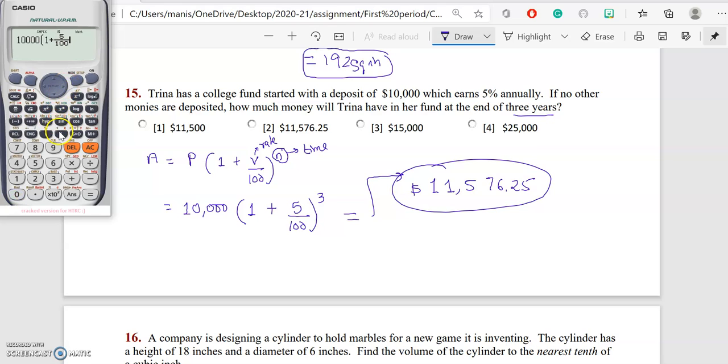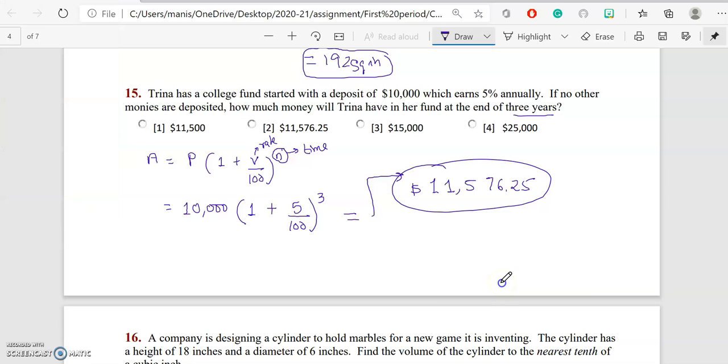Come out over here, close the parentheses, and in the exponent it is 3. So that's your answer, and I will press this button over here. It changes, and I got my answer 11,576.25. So choice B, or choice 2, is your correct answer.